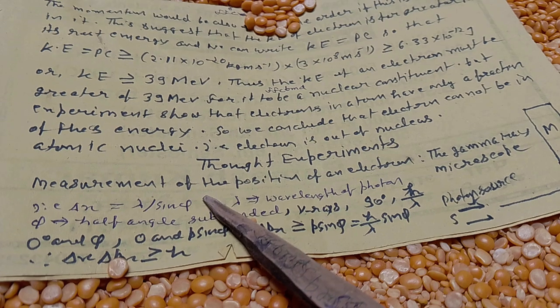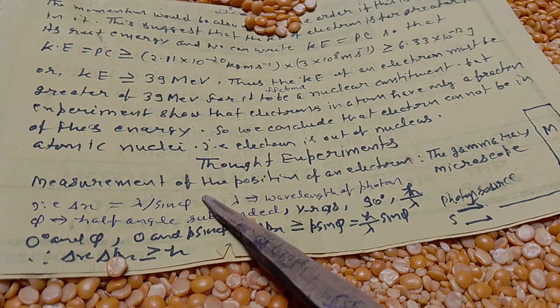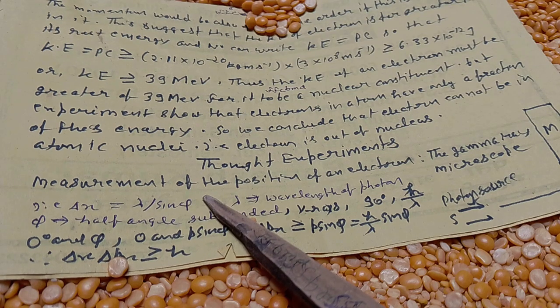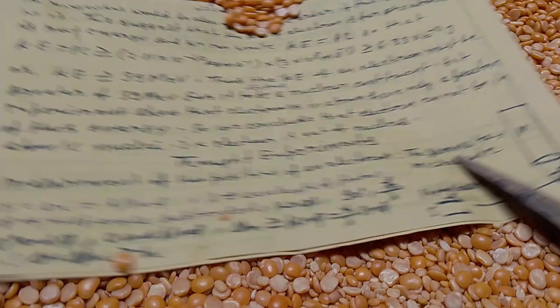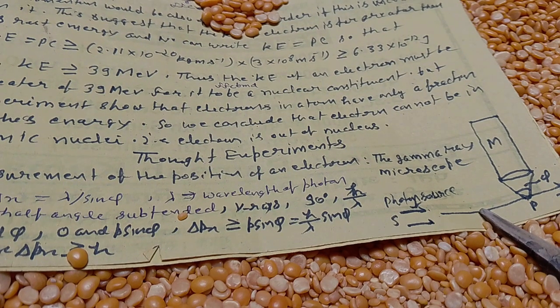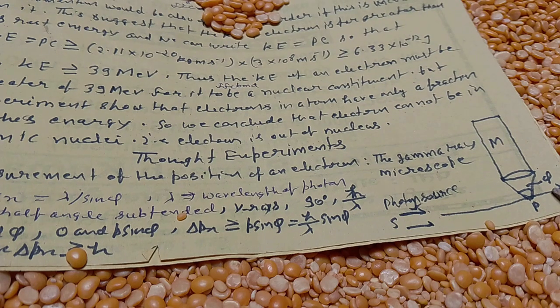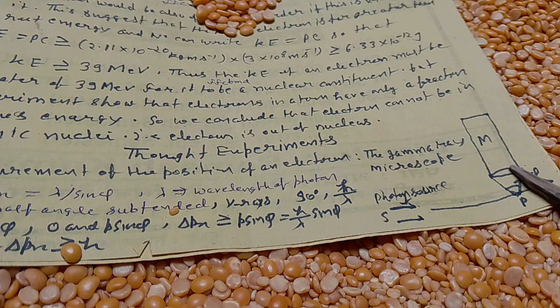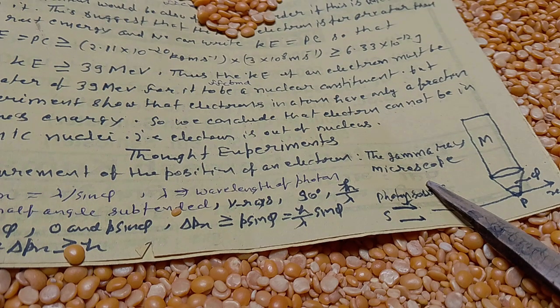Let us consider a conceptual experiment first devised by Heisenberg, which attempts to measure the position of an electron as accurately as possible. This experiment consists of an arrangement in which an electron is illuminated and its image is observed through a microscope, as shown in the figure.